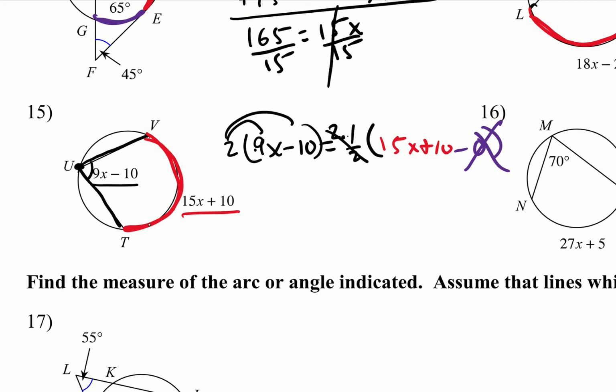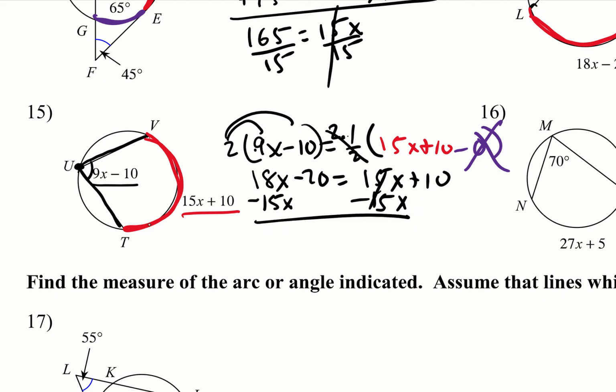We'll distribute. It's going to be 18x minus 20 equals 15x plus 10. And we can subtract 15x on both sides. Get 3x, bring down everything else. Then we'll add 20 to both sides. 3x is equal to 30, and I'll leave it to you guys to solve the rest of that.